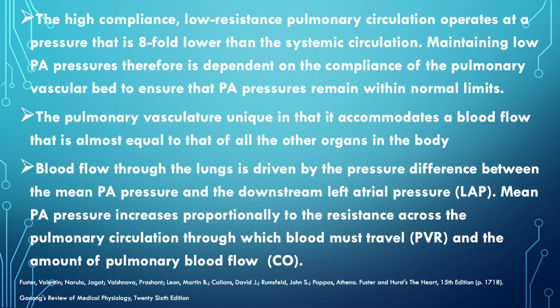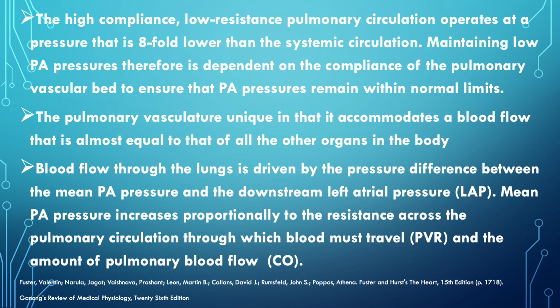So the vasculature bed has to have a low resistance, so you can still have a low pressure in the pulmonary artery without having pulmonary hypertension. That way you can keep the pulmonary artery pressure normal, as long as there is big compliance of the pulmonary vasculature bed.